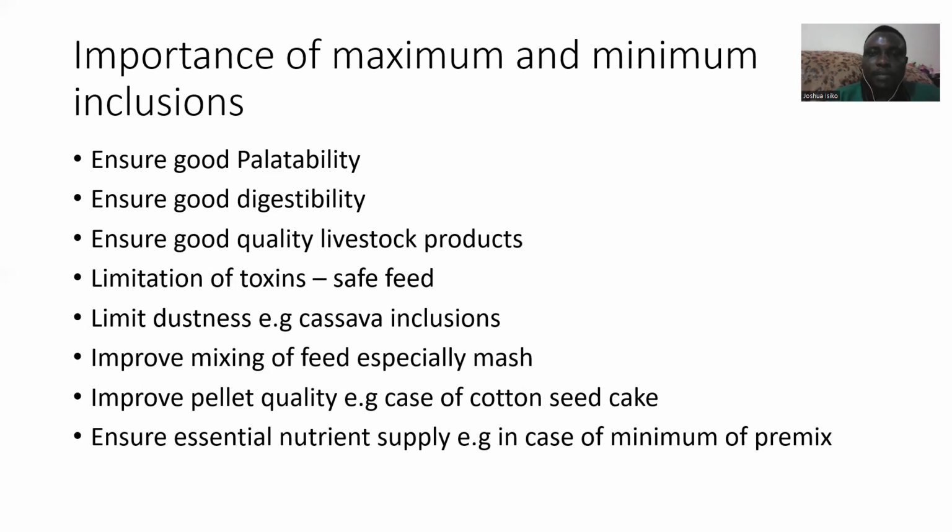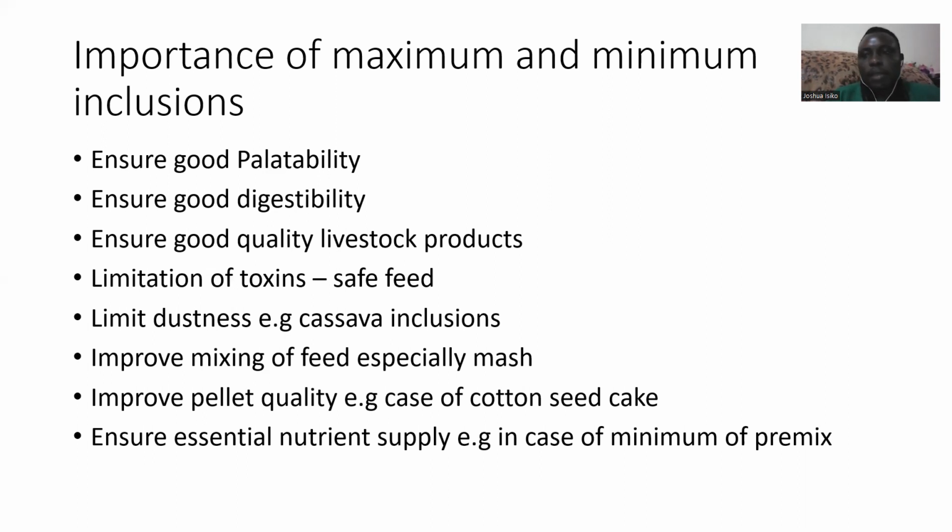There's a segment of fine particles and a segment of coarse particles, simply because a certain ingredient's particle size is not good. So we improve mixing at that level, and also we limit inclusions for pellets.